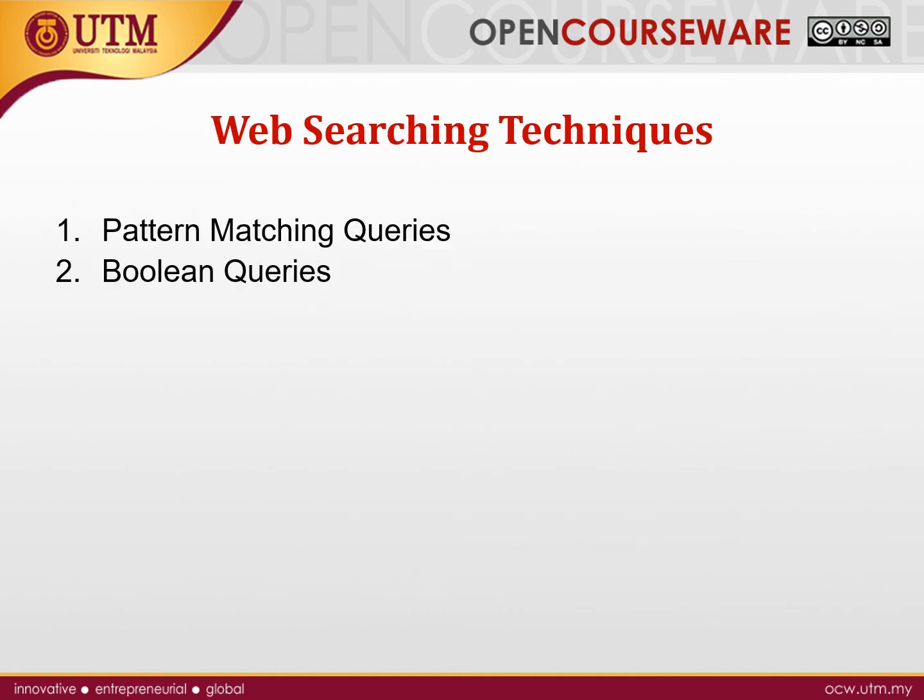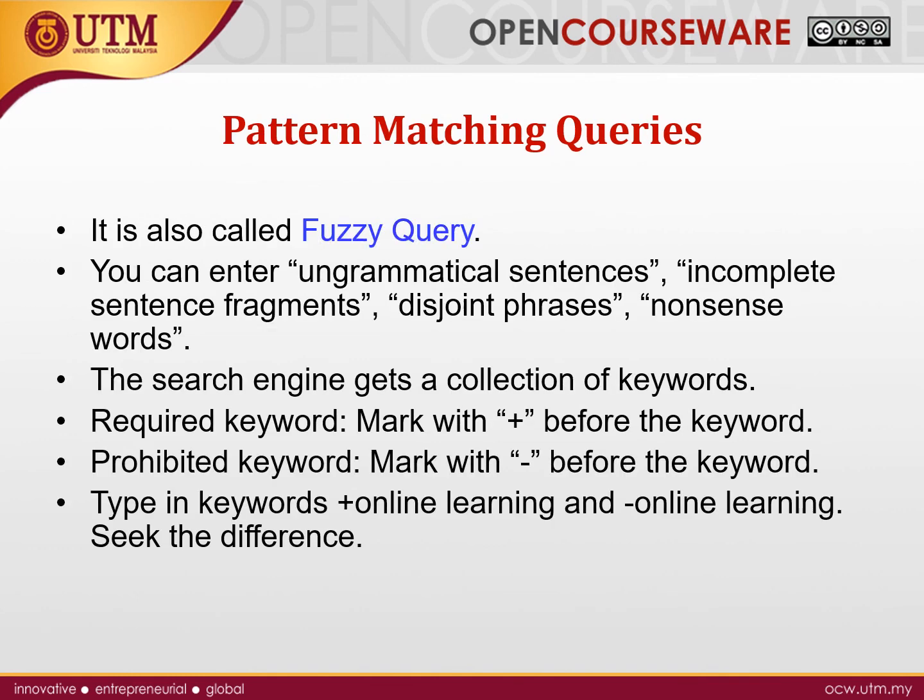And for the web searching techniques, we actually have two main techniques: the pattern matching queries and Boolean queries, and we are going to talk about each one individually. So the first technique is called pattern matching queries, and it's also called fuzzy query. In these queries, you can use any ungrammatical sentences.